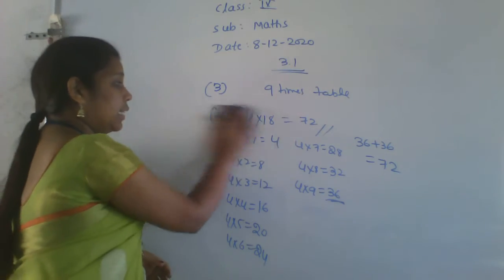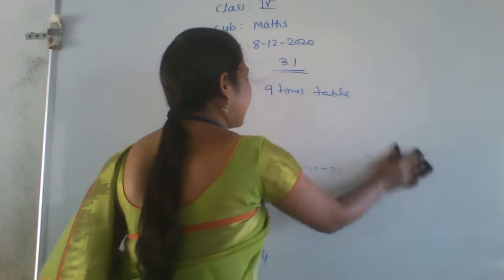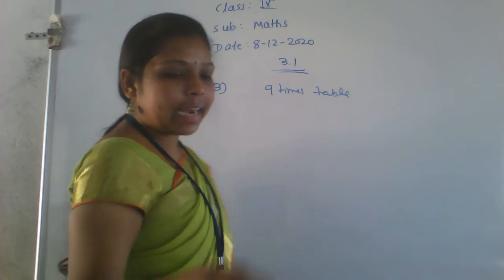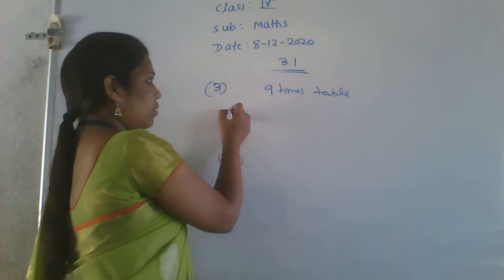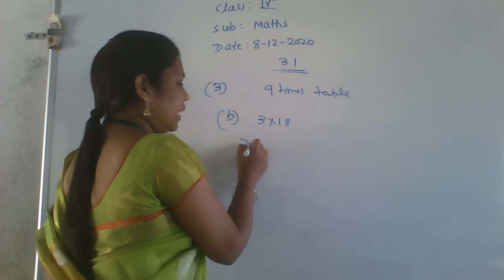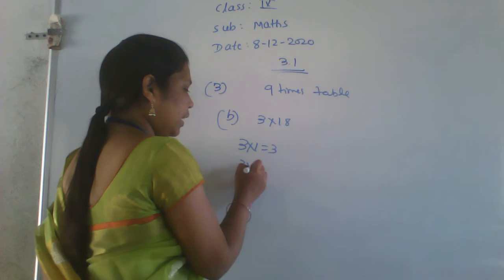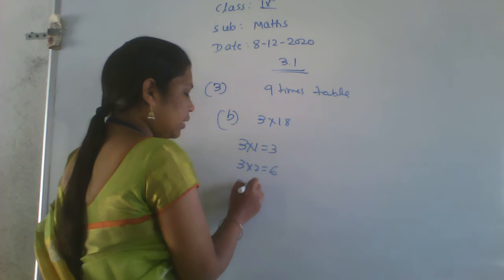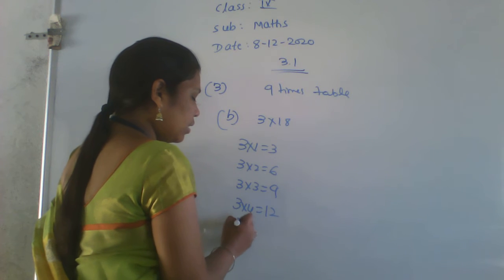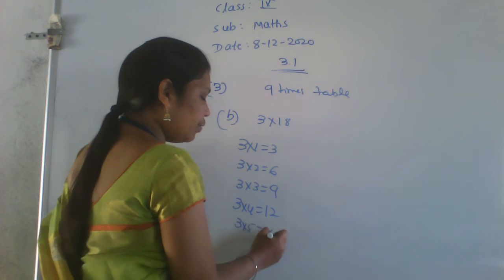Now 3 into 18 means you have to write the 3 table up to 9. 3 9s are 27. Till that you have to write. Okay, 3 into 18. Write the table. 3 1s are 3, 3 2s are 6, 3 3s are 9, 3 4s are 12, 3 5s are 15.